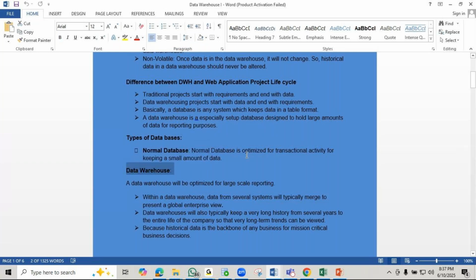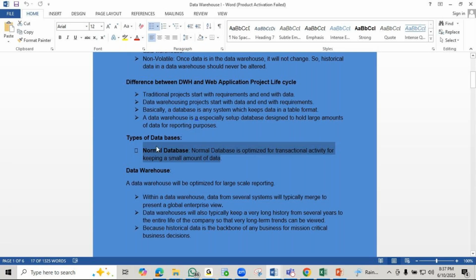That database has been categorized, guys, into different forms: normal database and data warehouse. So what is a normal database? Actually, the normal database is optimized for keeping transactional activity, for keeping a small amount of data. Means in the normal database we keep the current data, technically, as per ETL requirement.